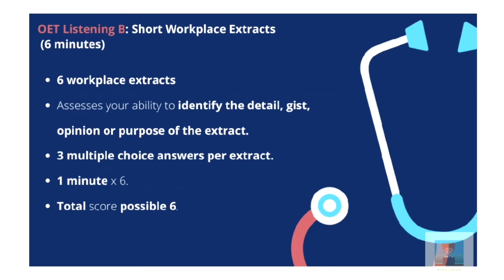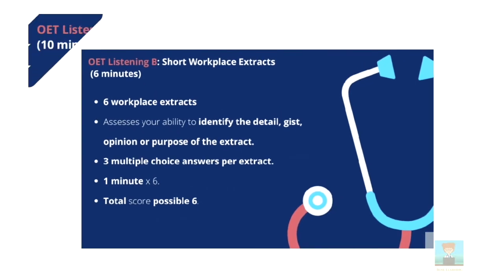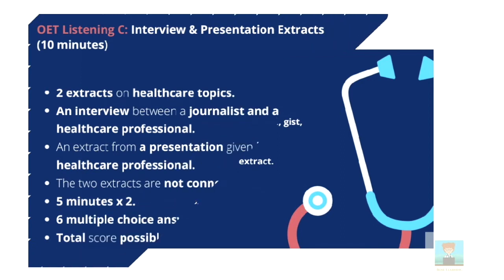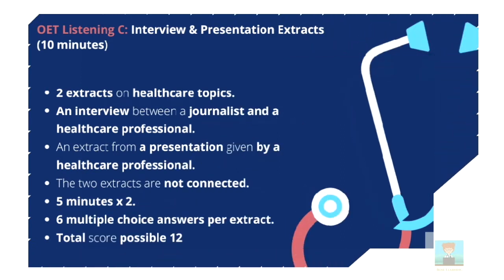This part assesses your ability to identify the detail, gist, opinion, or purpose of the extract. Each extract gives you 3 multiple choice answers. They're about a minute long, so times 6, that's 6 minutes in total, and there's a total possible score of 6 points.